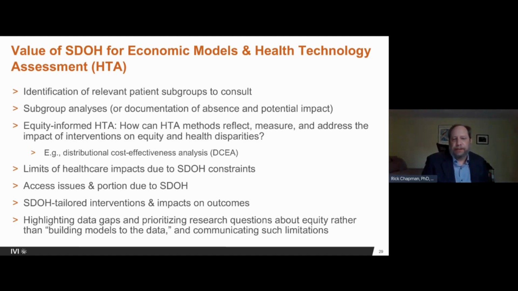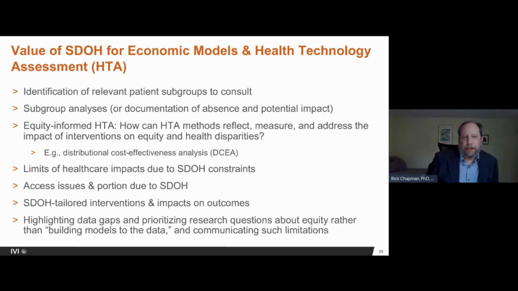What's important to patients and what are they looking for may be very different for people at different parts of the socioeconomic spectrum. And so being able to identify the right people to talk to get that information is very important.